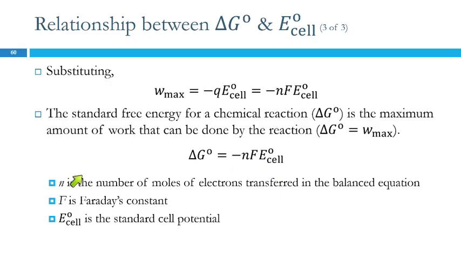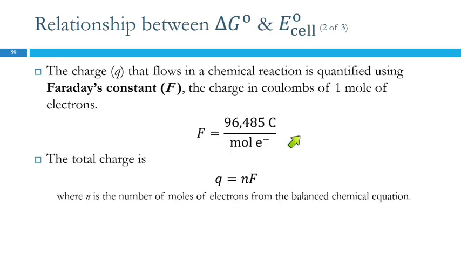N is the moles of electrons transferred in the balanced equation. F is Faraday's constant, and this is the standard cell potential. Again, Faraday's constant is this guy right here. You don't need to memorize that. Let me double check. Yep, that's given on your useful information for exams.